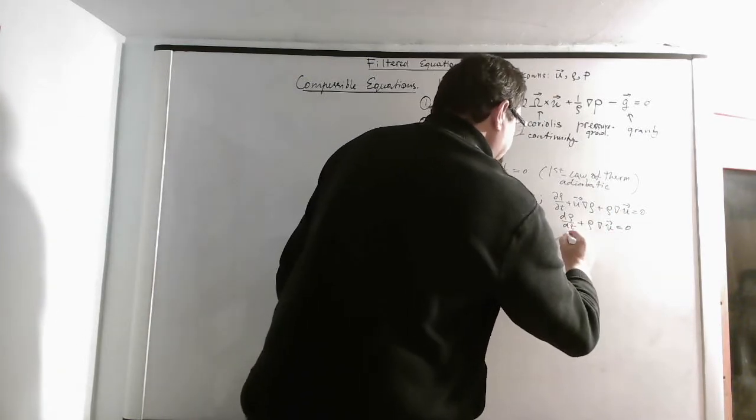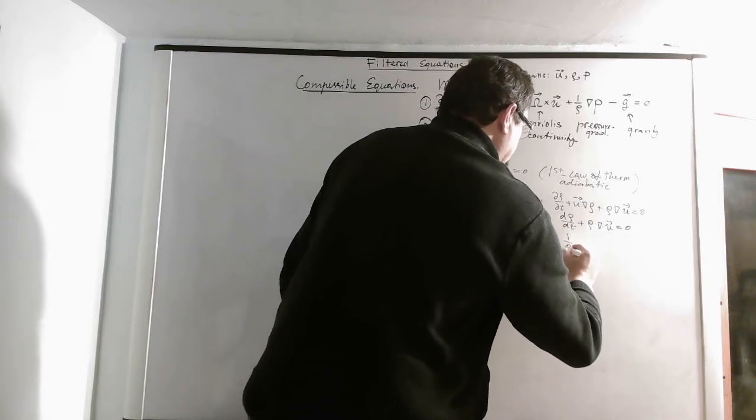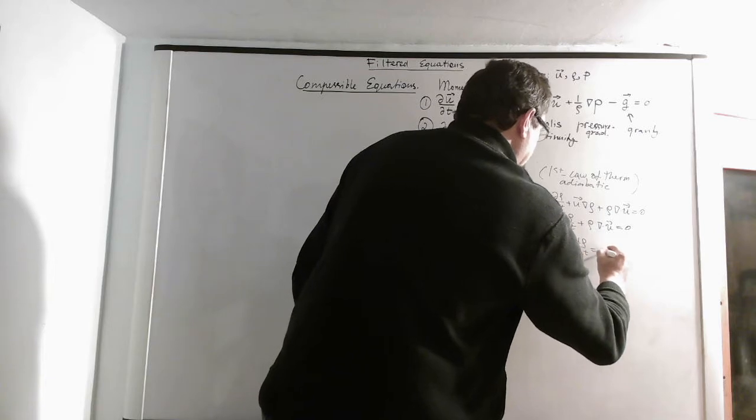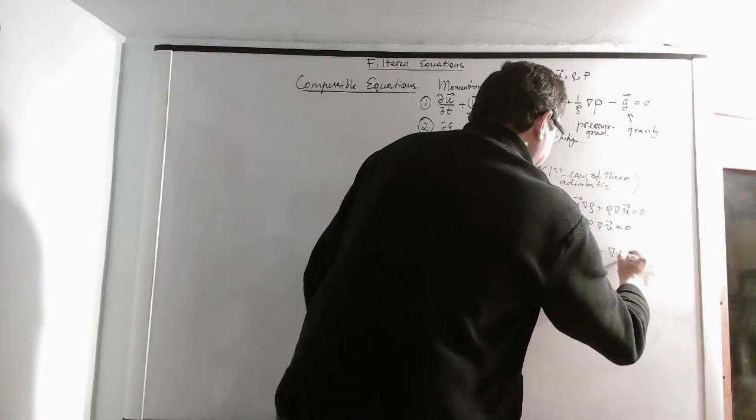So from that you have 1 over rho d rho dt equals to minus divergence of u.